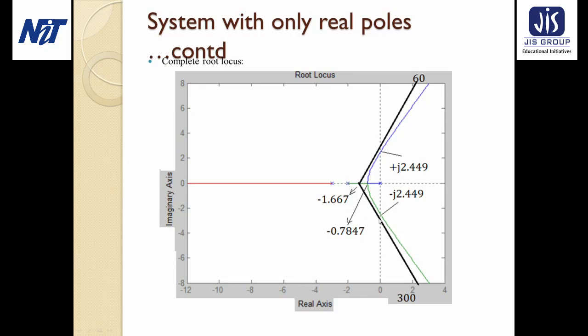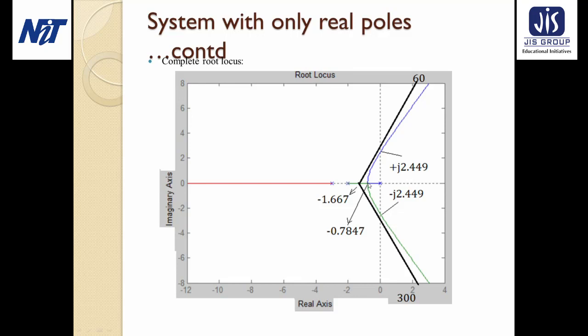So these are the asymptotes, and for this pole, when the gain is varying, it goes directly to infinity through this 180 degree line. So this is one locus. For the other two poles, when the gain value is increasing, both go towards this breakaway point, minus 0.7847.